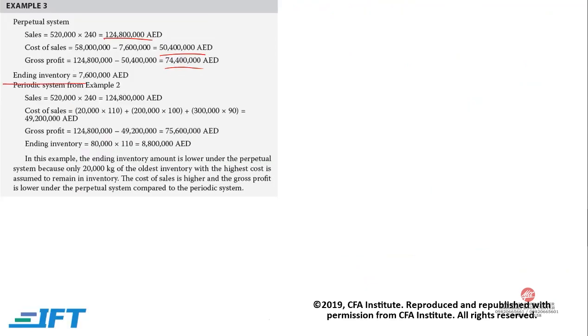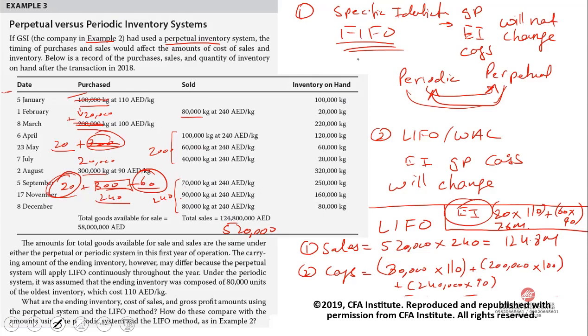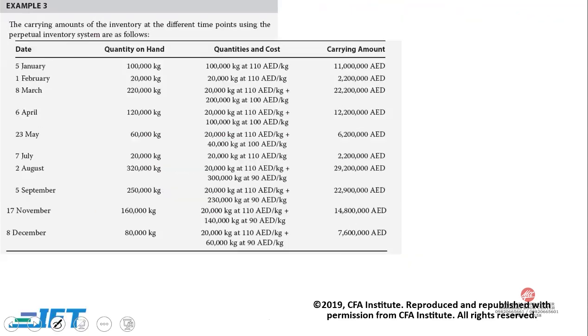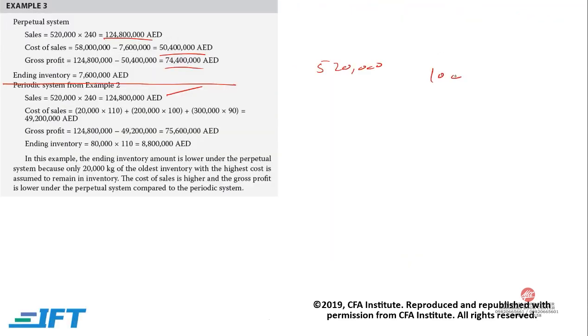Now, this was from perpetual, and we also did periodic in our previous example. Now, let's do it periodic again. So, sales remain the same. So, out of 520,000 that we sold, if it is last in, first out, we made purchases of 100, 200, and 300.